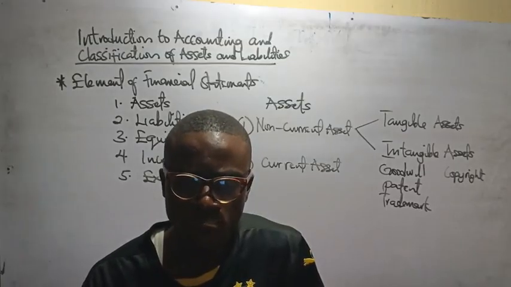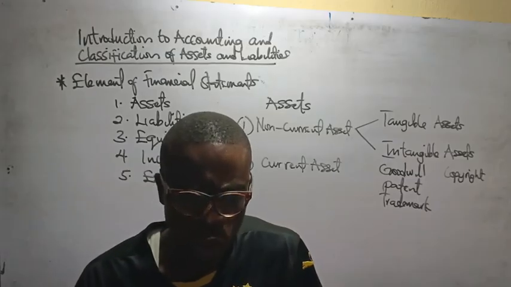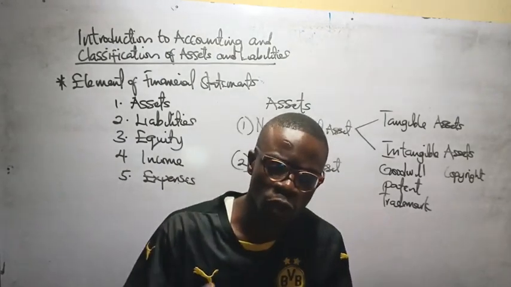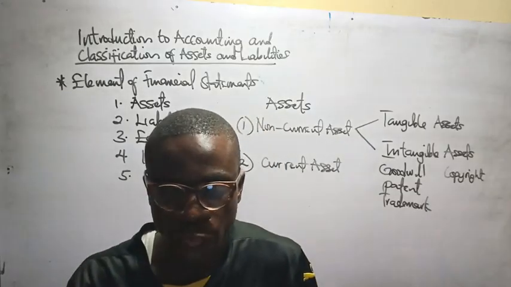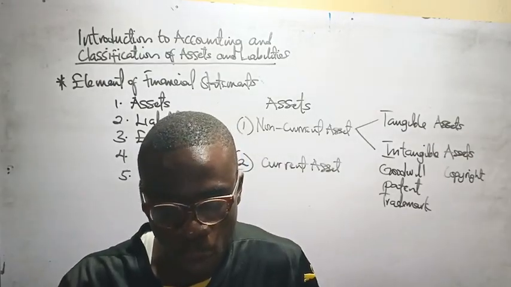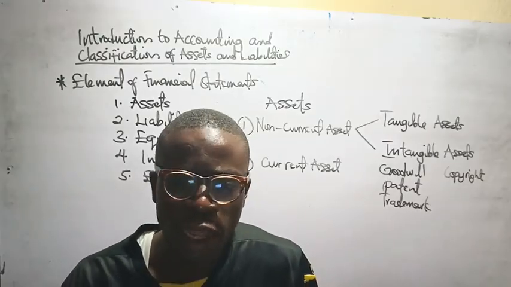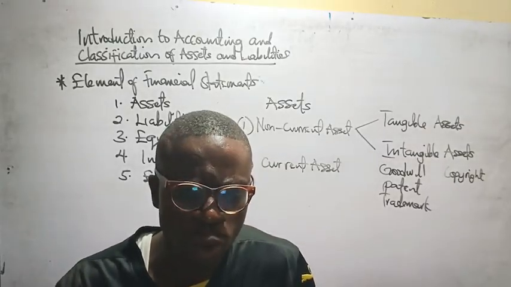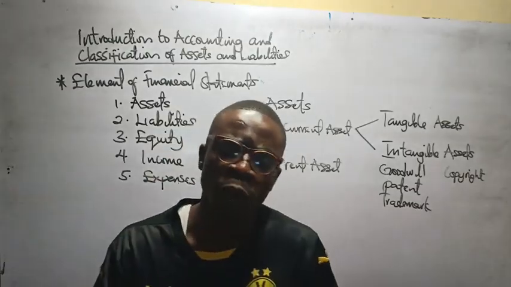He comes, mommy, the bicycle that you want to buy for me. At that moment, you don't have a present obligation to that child, because you told the child that after the exam, when the result is out and you do excellently by coming first in the class, I'll buy you a bicycle. Now if that child sat for the exam and the result is out, he comes disturbing you, mommy, where is my bicycle?